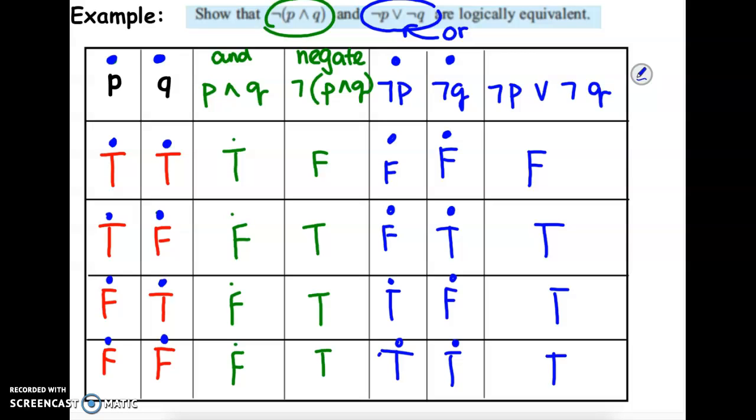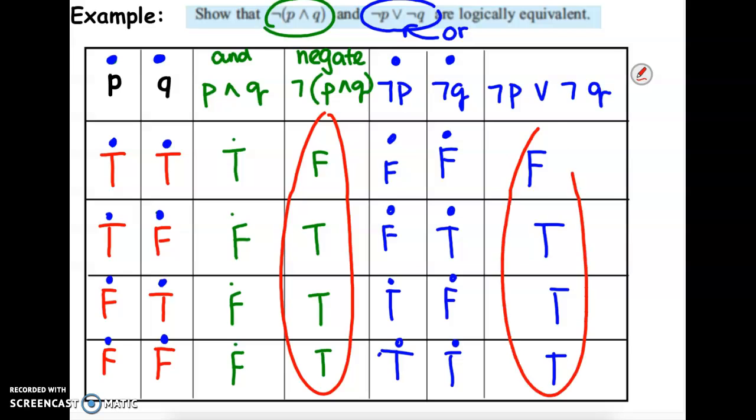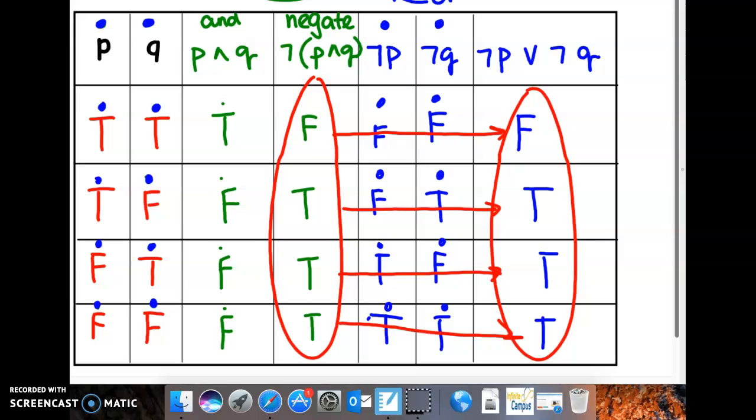All right, now we're going to look at this column in the green, final answer, and this column in the blue, final answer. Are they the same? Are they logically equivalent? Well, we have false, true, true, and true. So these are considered logically equivalent. They are the same.